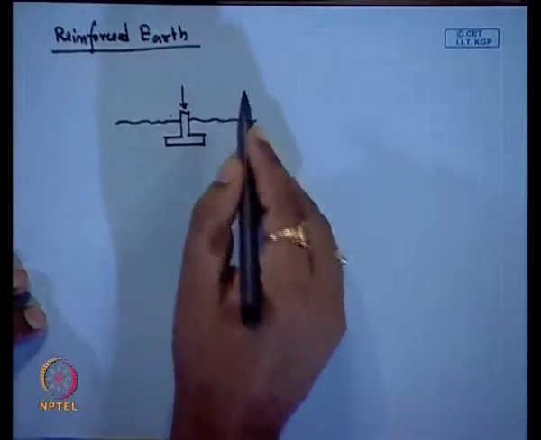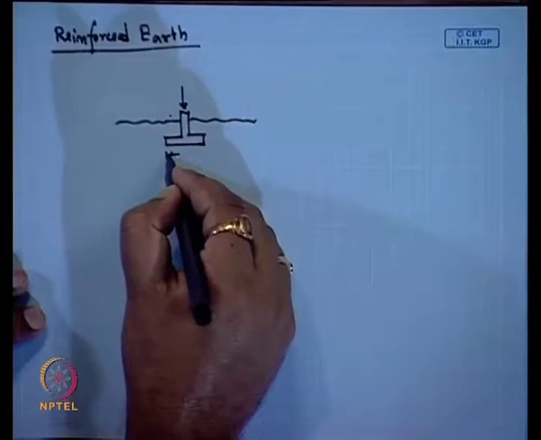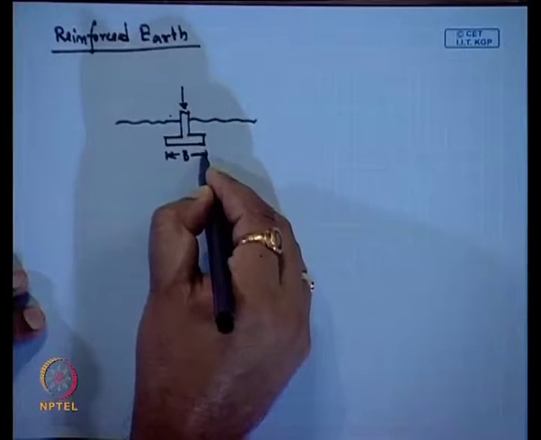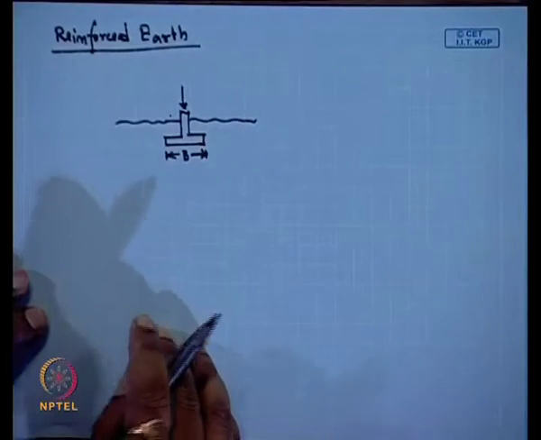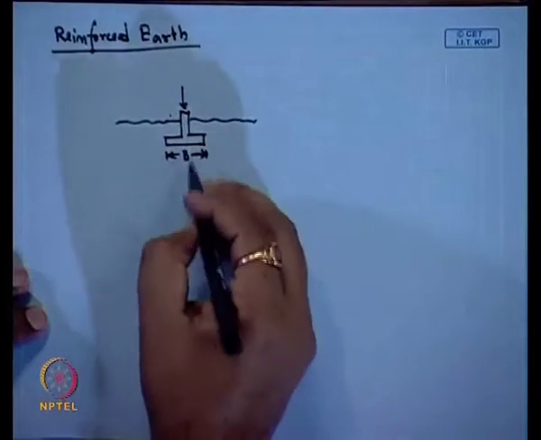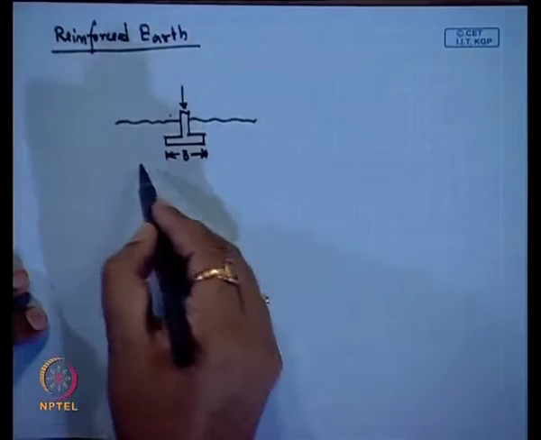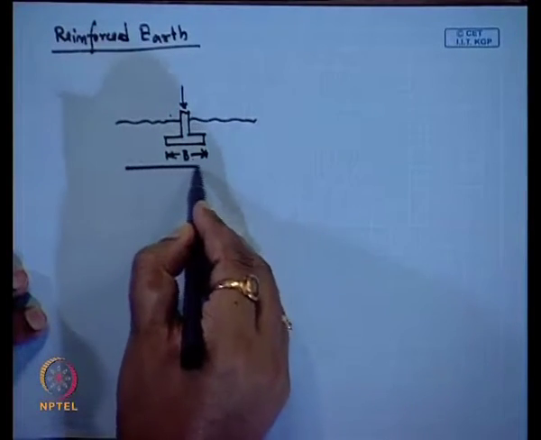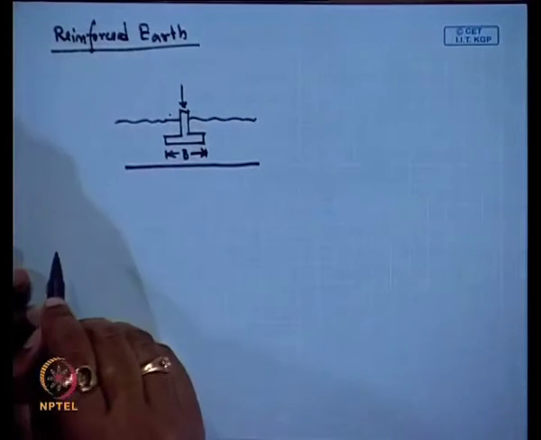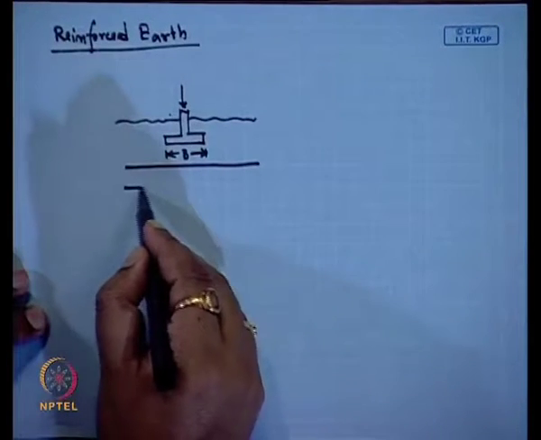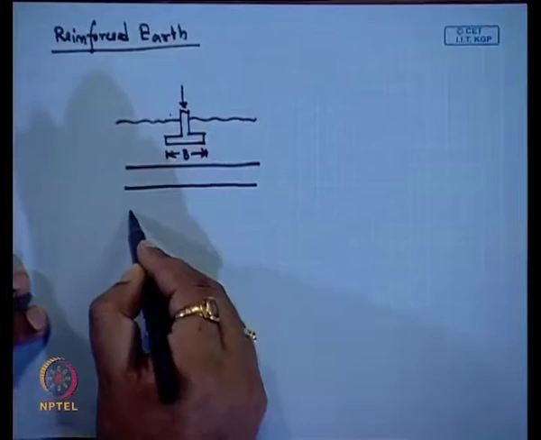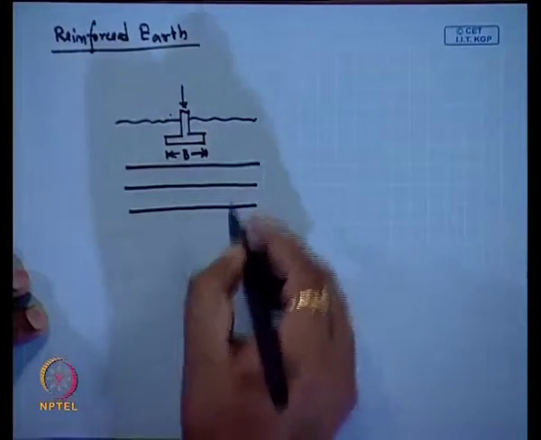So, here we are providing an isolated footing with width B. Now, one option is we can place some reinforcement like this, in this section. We can place the reinforcement below this foundation. That can be a single layer or multiple layers. So, these are the reinforcement.